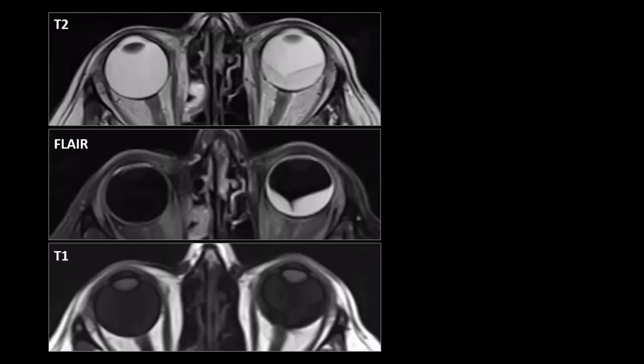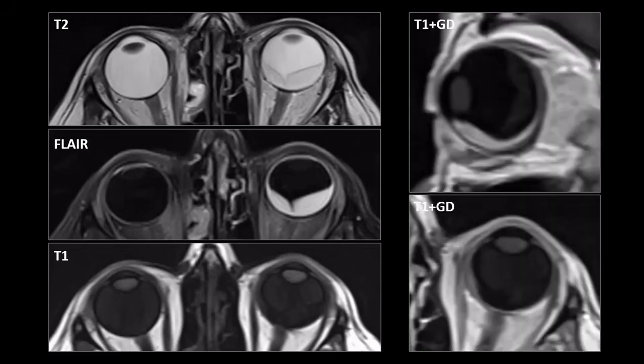This is another patient with a retinal detachment, nicely seen on T2 weighted images. The contents are high in signal on FLAIR, indicating proteinaceous fluid. And on T1, we see no hemorrhage, not hyperintense on T1. But then on T1 with gadolinium, we suddenly see a contrast-enhancing plate-like lesion in the eyeball.